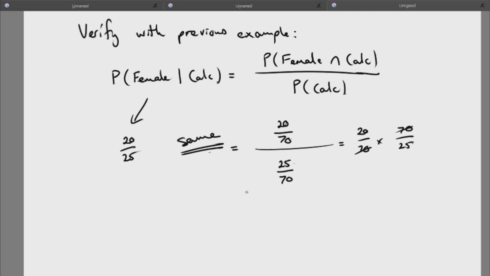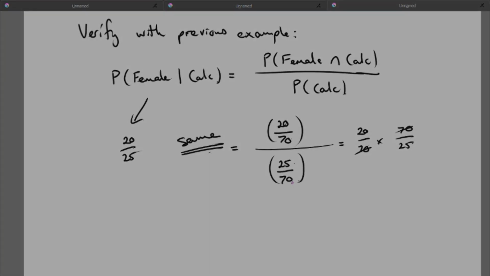Or you can just use your calculator and verify that: 20 divided by 70, divided by, in brackets, 25 divided by 70. Yeah, just use brackets. For safety, in terms of using a calculator, you can put brackets like that. Regardless of how you verify it, the formula is correct.